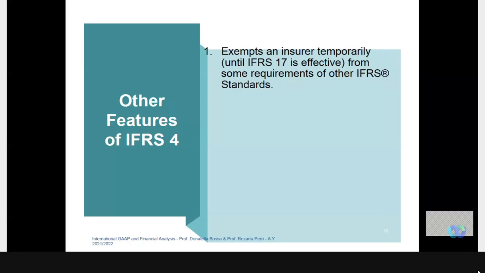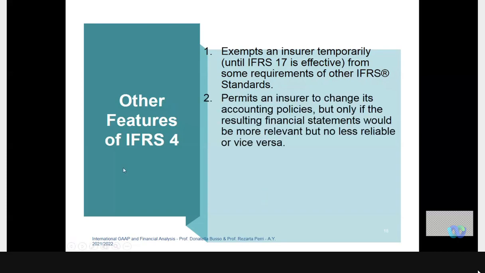So you are not required to abide by some other IFRS standards, and the most important ones that I may mention are the financial instrument standards. So it provides some relief for these companies.